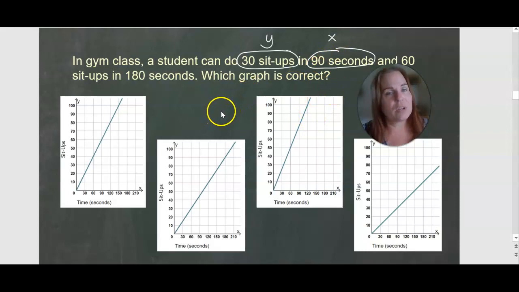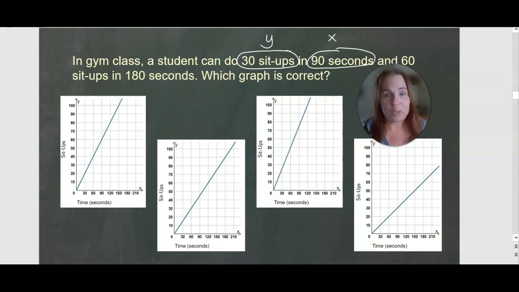So time, you're going to find, is always the independent variable. It's always the input. Time is always going to pass regardless of what else happens, right? So that is always going to be your input. And then what happens depends on how much time you have.